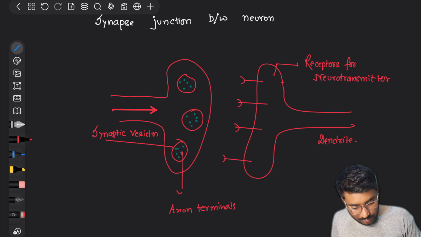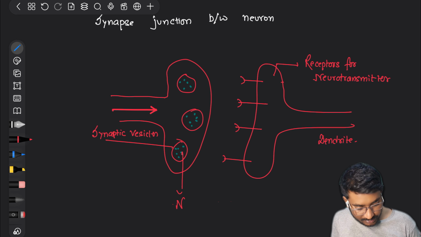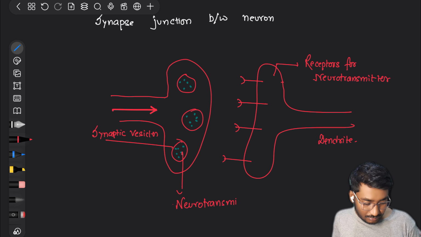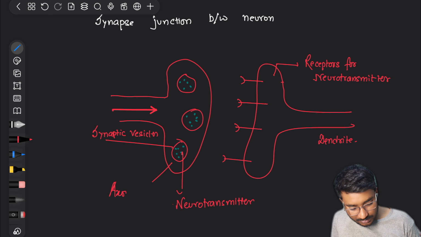This is the neurotransmitter. And these are the axon terminals.